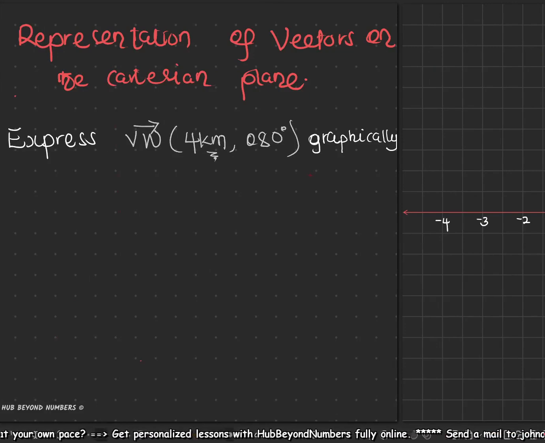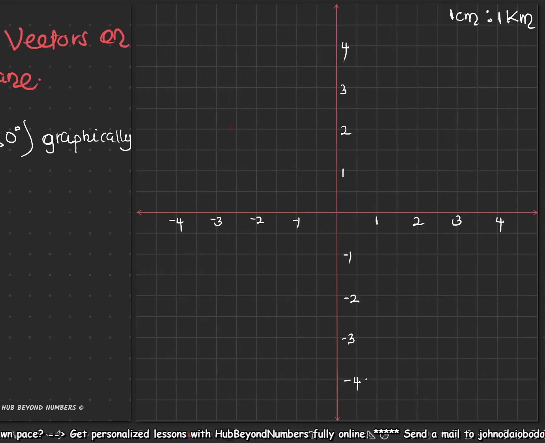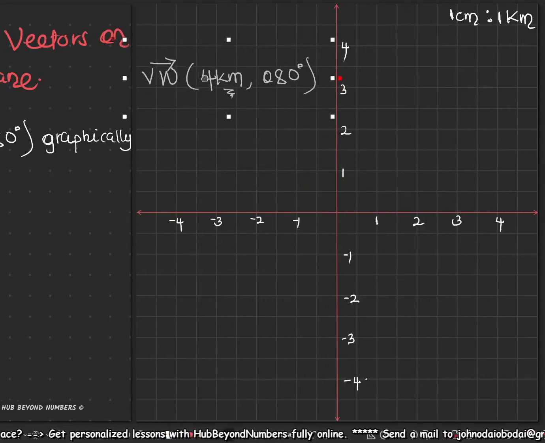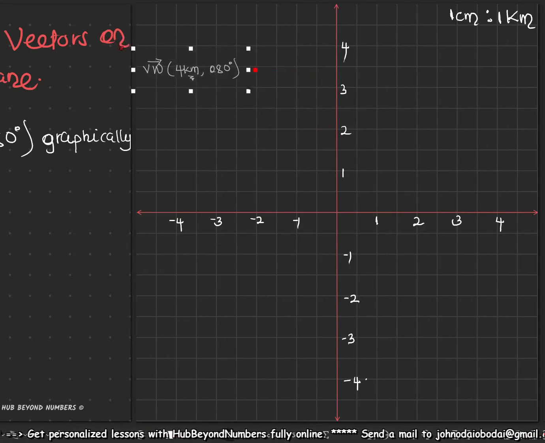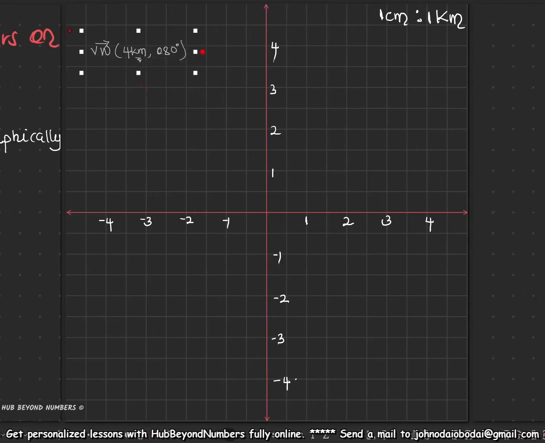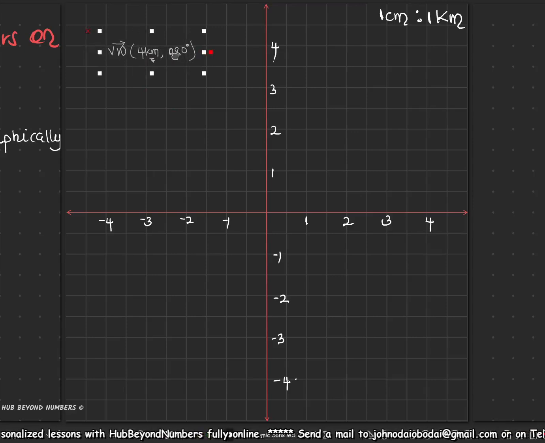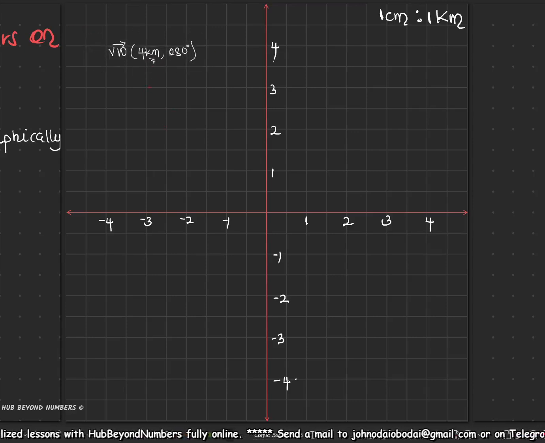So with that said, we'll take a look at our magnitude bearing representation again. I'm just going to copy that and paste it here for reference. It says 4 kilometers 80 degrees, from V to W. So our origin here is where V is going to be.